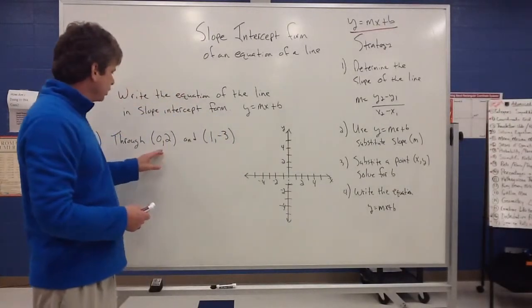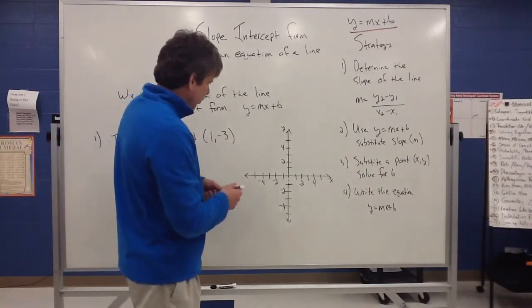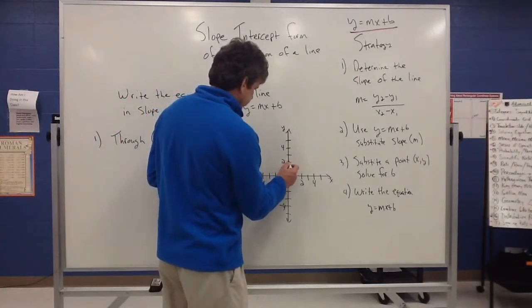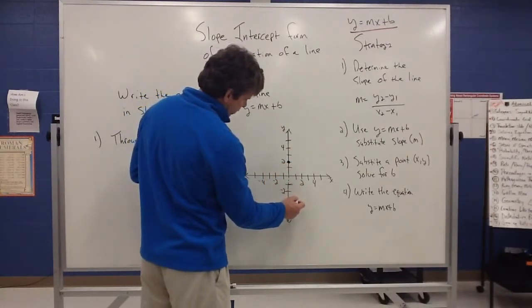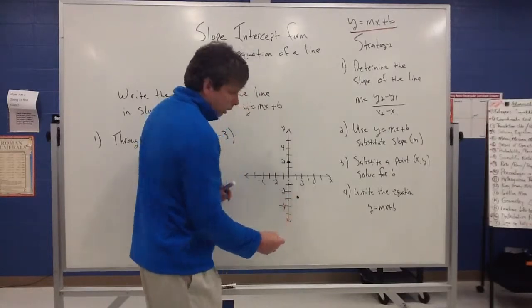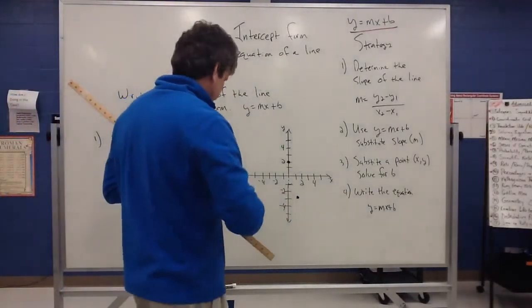Now one method is I can just graph these 2 points. So (0, 2) and (1, -3). And I can draw a line that passes through those 2 points.